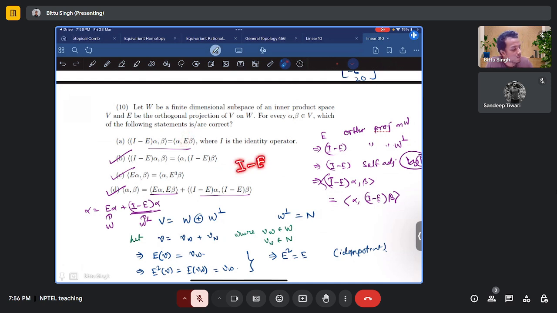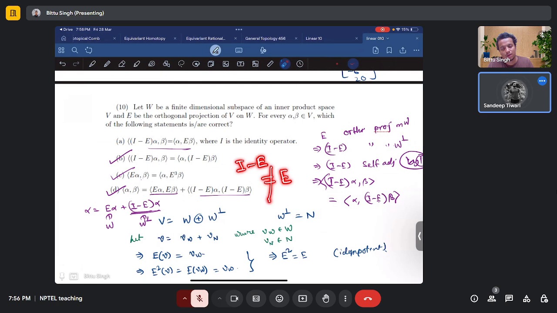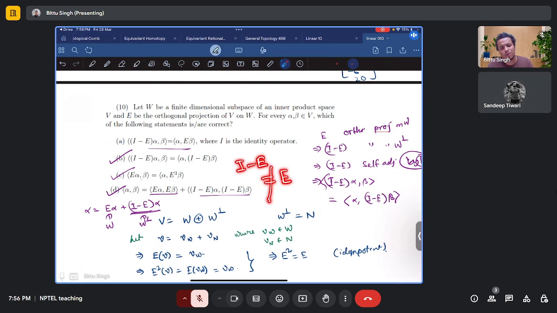I minus E can never be the same as E. This is only possible when 2E is the same as I, that is E equals half I, but that is not an orthogonal projection because it will not satisfy the property P squared equals P.